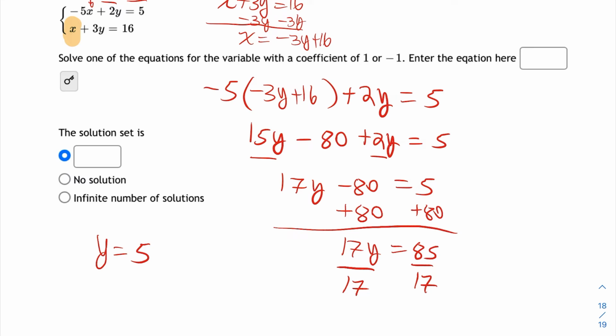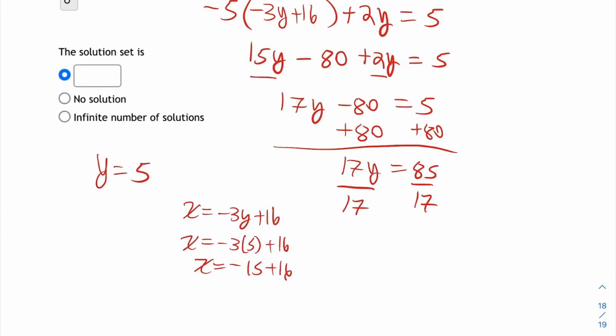Now I need to find x. Well, here I know from the previous one that x is equal to -3y plus 16. So I can plug in 5 for y, so that's -3 times 5 plus 16, so x is equal to -15 plus 16.